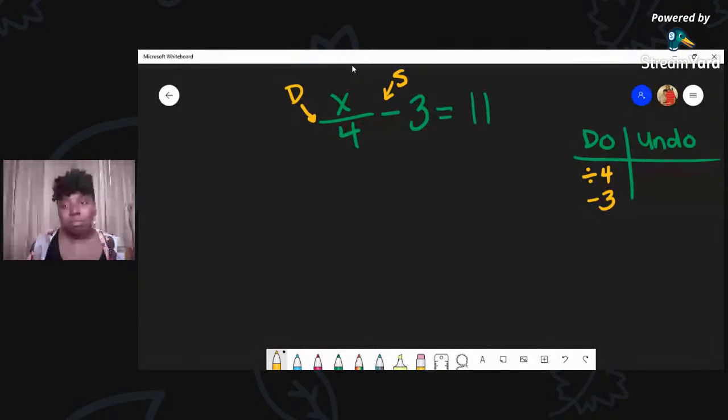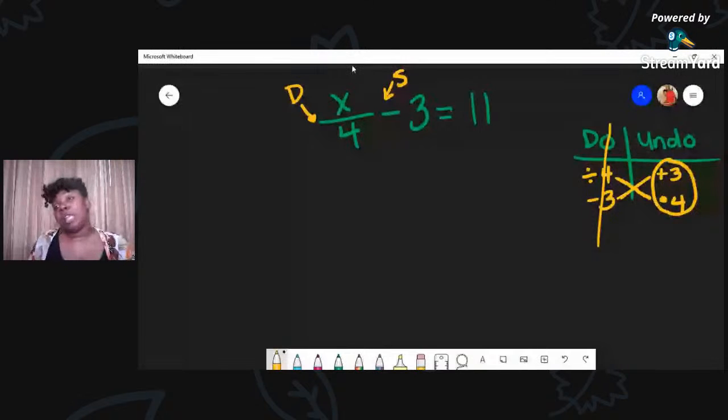So I've got to work backwards. The first thing I'm going to do is the last thing I did. Instead of subtracting 3, I'm going to do the opposite, so we're going to add 3. Instead of dividing by 4, I'm going to do the opposite and multiply everything by 4. I no longer need this, and I'm going to focus on this side. These are my 2 steps for my two-step equation.